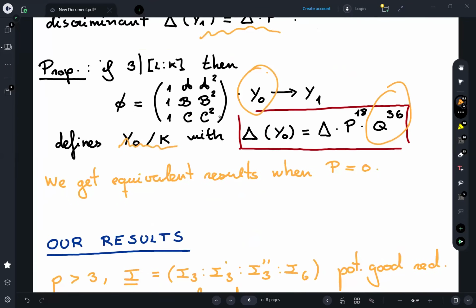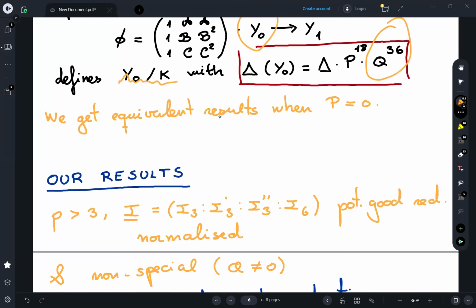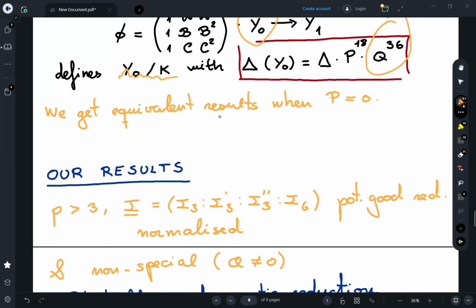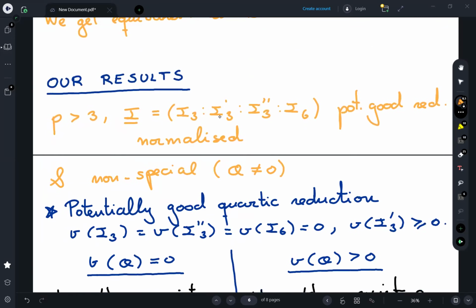Okay, so now I can finally, in the last 3 minutes, state the result. For our results, we have some assumptions, but as I said, they are not really crucial assumptions. We can kind of remove them.